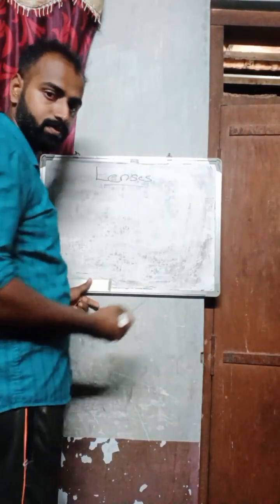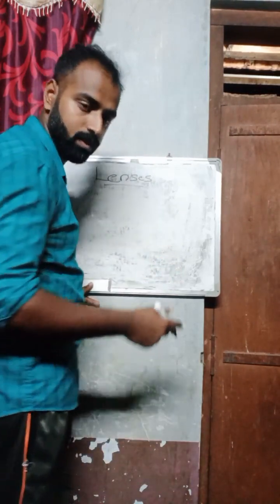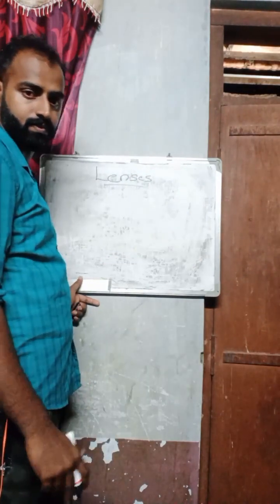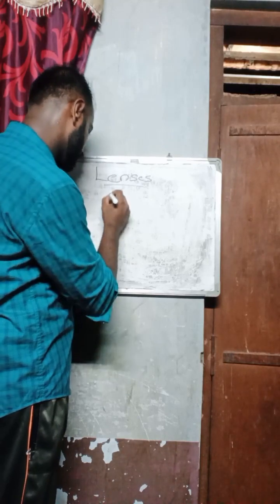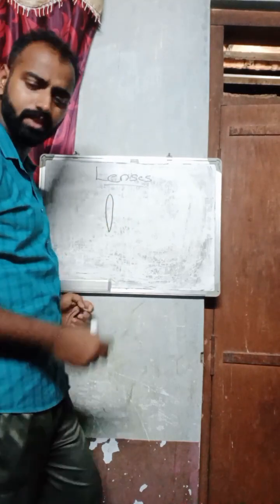Then, what is the radius of curvature of a lens? You are all familiar with radius of curvature of mirror. So, I am asking what is the radius of curvature of lens? I am taking an example of a convex lens. This is my convex lens. What is radius of curvature?